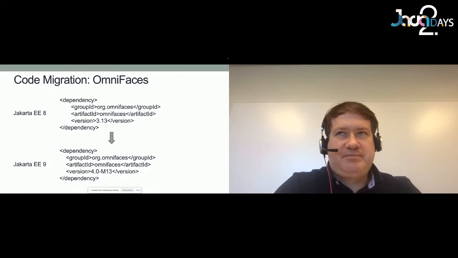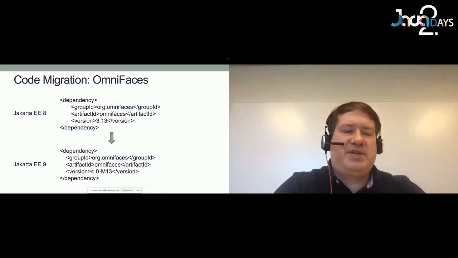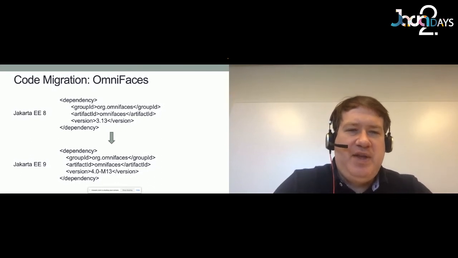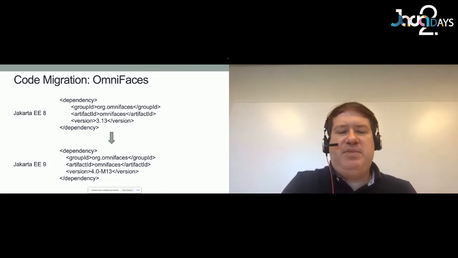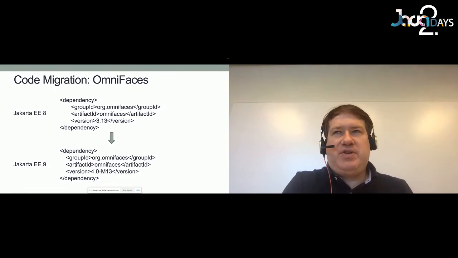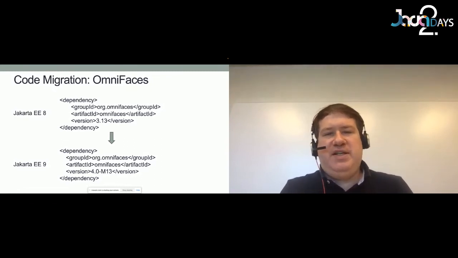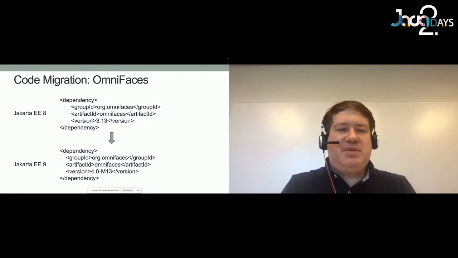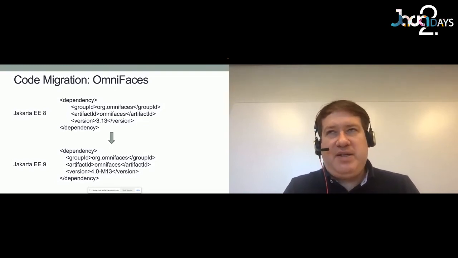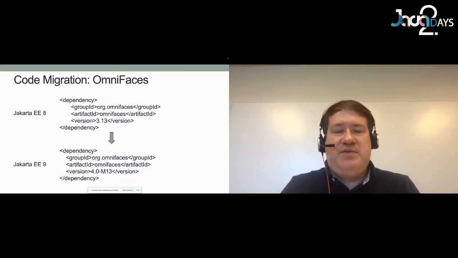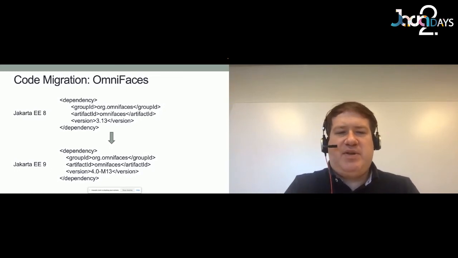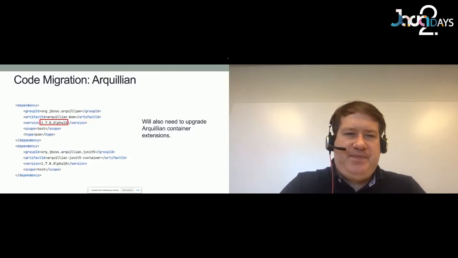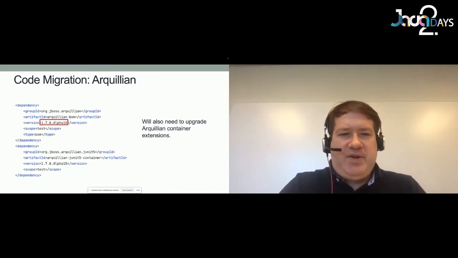So you might have to deal with migrating different versions of some of the frameworks that you're using in addition. The actual transition, changing your code to move over to Jakarta EE9, I don't think is the biggest issue. The biggest issue is dealing with dependencies, and if you're not up to date on your dependencies, having to move to newer versions of your dependencies in order to run on the newer containers. And then for testing with Arquillian, you have to update that as well.